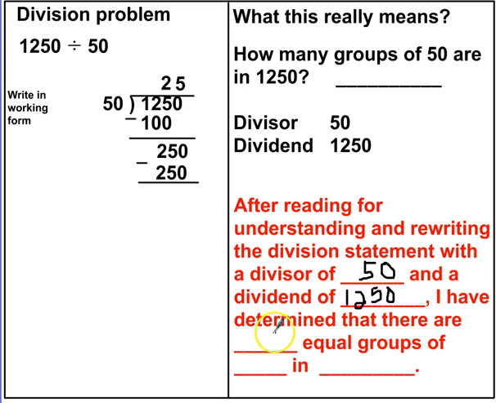I have 25, this is your quotient, 25 equal groups of 50 in 1,250.